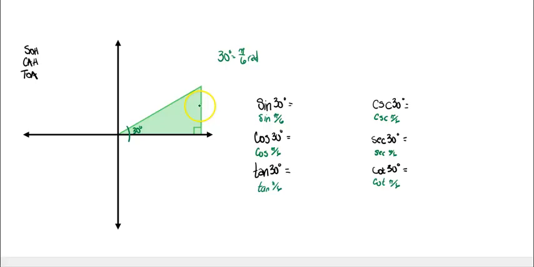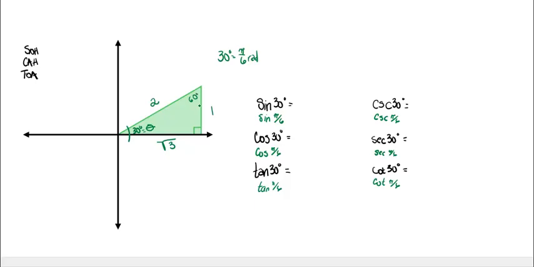And now we're going to look at a 30, 60 degree triangle again, but this time our theta is going to be 30 degrees. So we're going to do the opposite. If this is 30, this one is 60. And so our side lengths are going to be the same, but in a different place. So this would be the 1. Opposite the right angle would be 2, and opposite the 60 degrees would be the square root of 3.